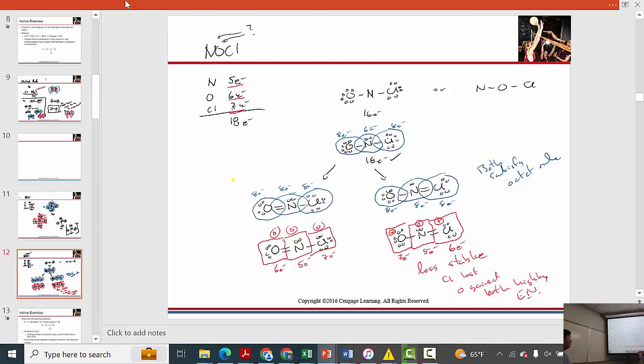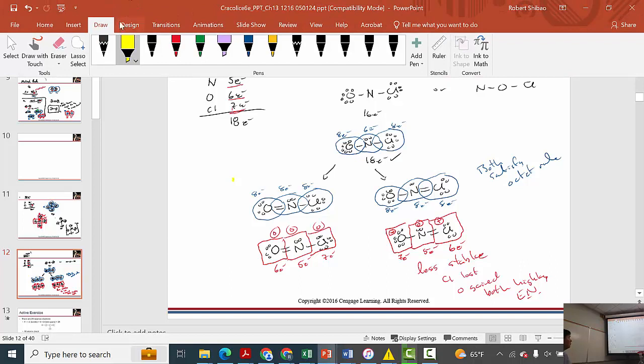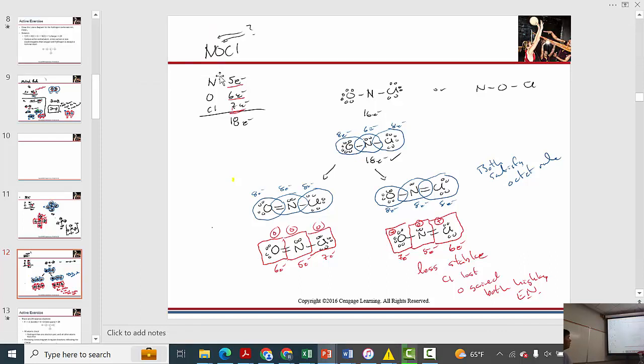Is there a limit to how many elements can be in a formula? No, any. Note the formula. Does the formula tell you which one's in the center? When you look at the formula, it looks as if the oxygen's in the center. The formula can have zero relationship with the structure. Just be aware of that.